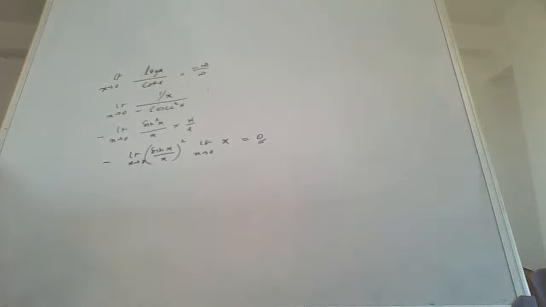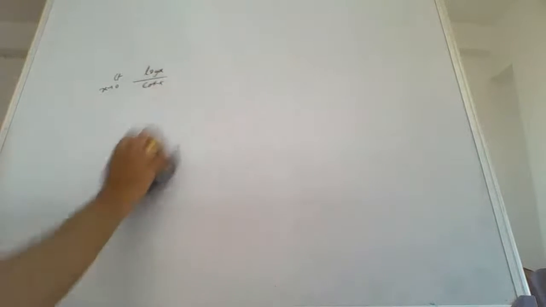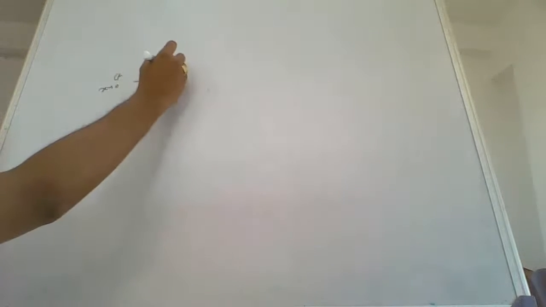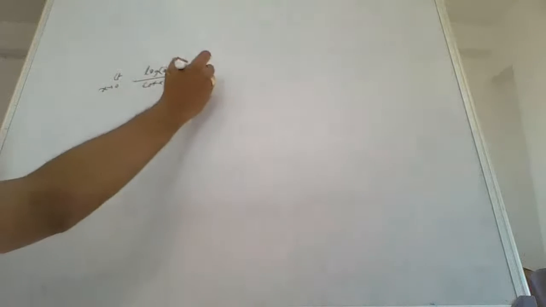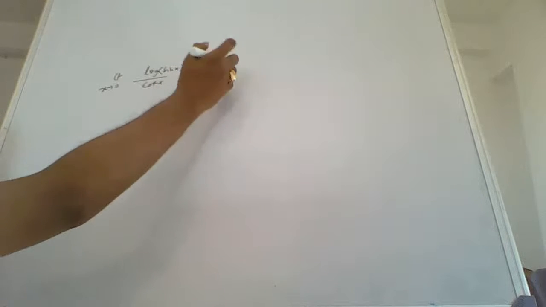Let me try to solve another problem. Okay, so instead of log x, I'll just put sine x here; I'll try to find log x divided by log sin x. Again, if I put x as 0, I'll get minus infinity by minus infinity.